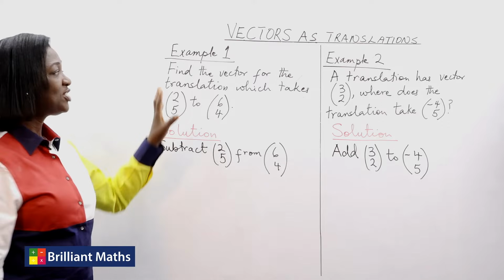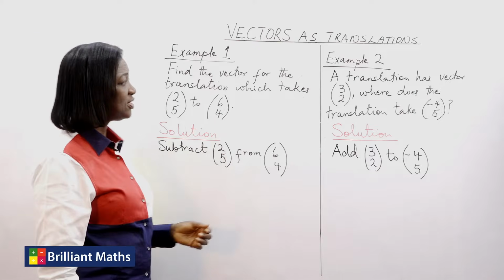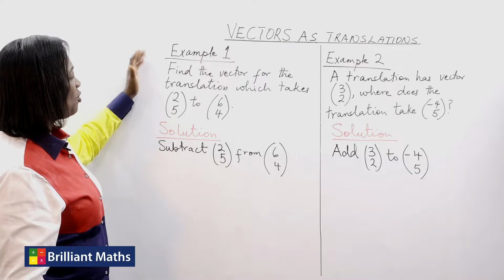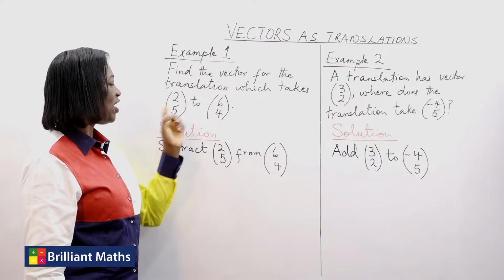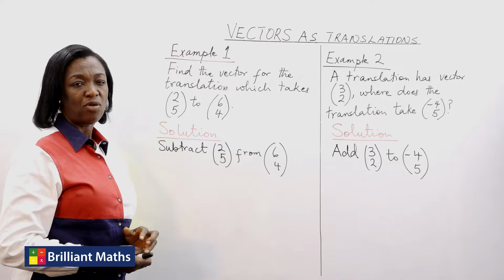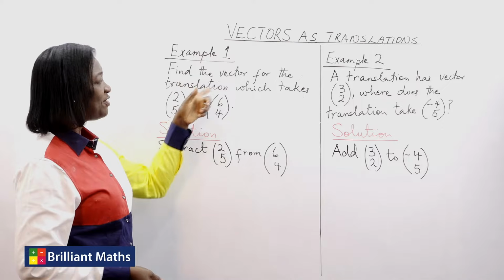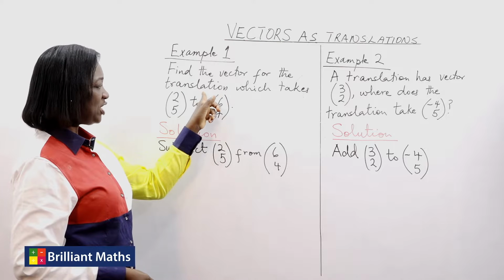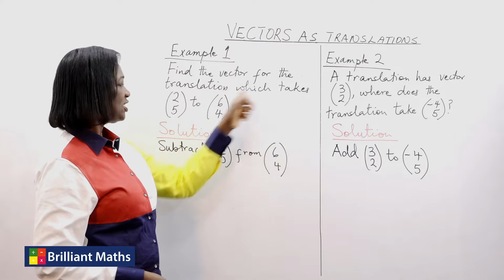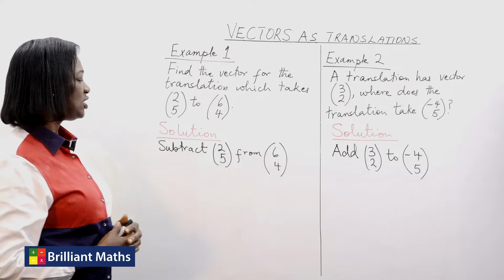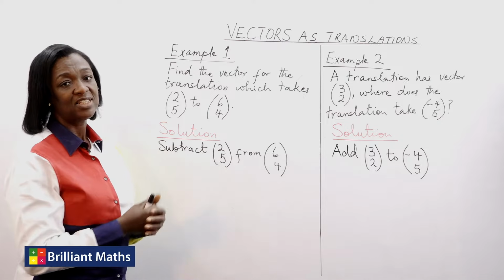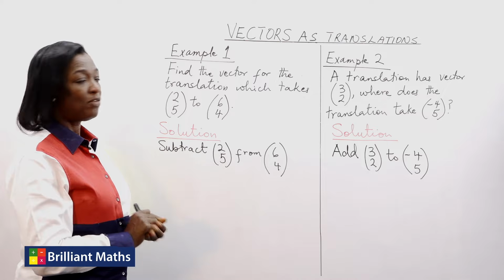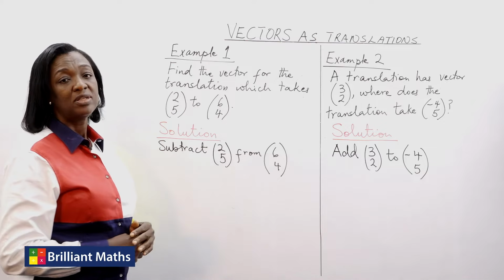So let's look at vectors as translations. Example 1. Find the vector for the translation which takes 2, 5 to 6, 4. We just want to know the distance that it has moved from 2, 5 for it to become 6, 4.